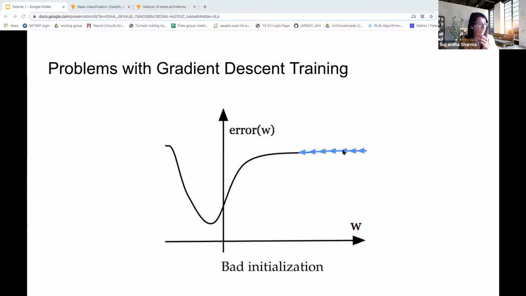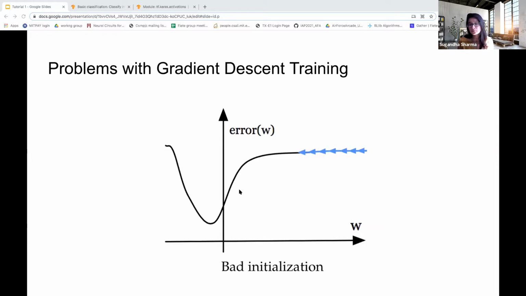And then there's another problem: if you're using a very low learning rate, and you're very far from your optimum value, then if you had very bad initializations for the weights, it can take you a long time to converge. So one of the solutions to this is to use an adaptive learning rate.